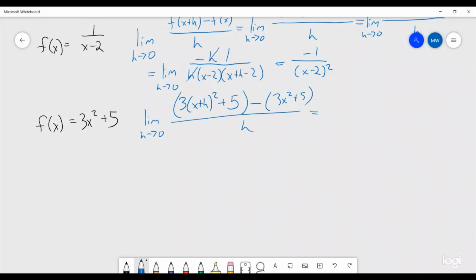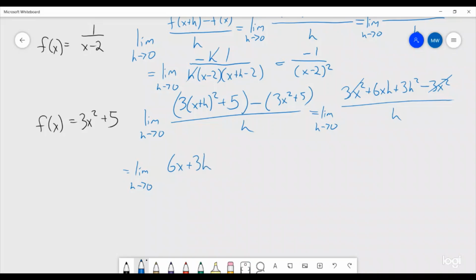This is equal to the limit as h goes to 0 of 3x squared plus 6xh plus 3h squared plus 5 minus 5 minus 3x squared. Those will be canceled, all over h. So this will be the limit as h goes to 0 of 6x plus 3h, which is just 6x, which makes sense from our derivative rules.